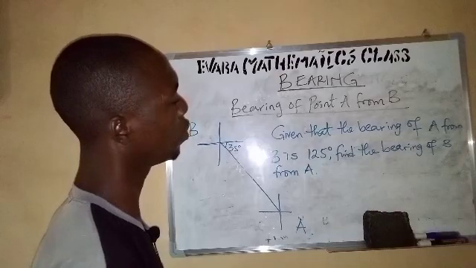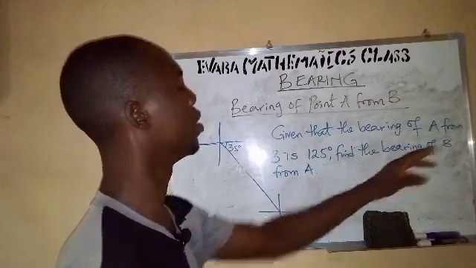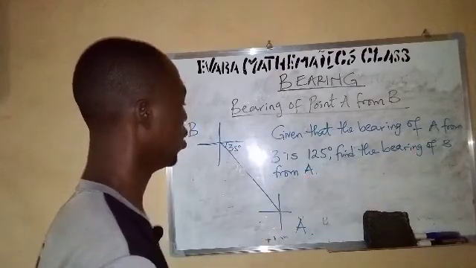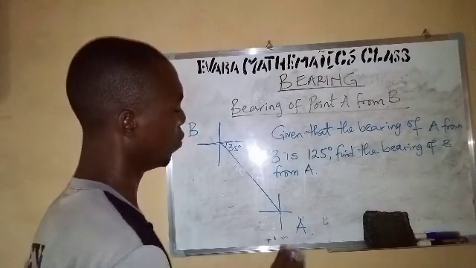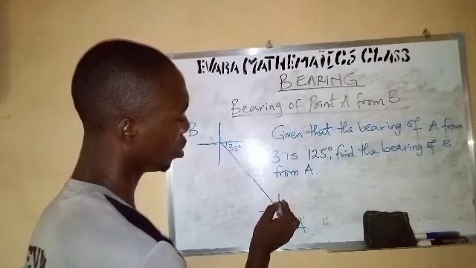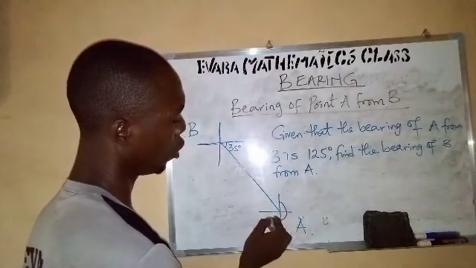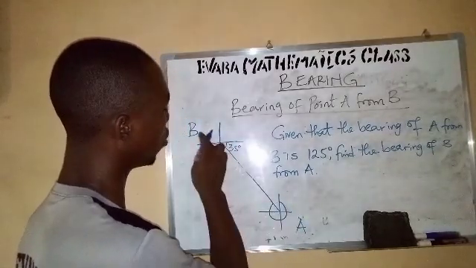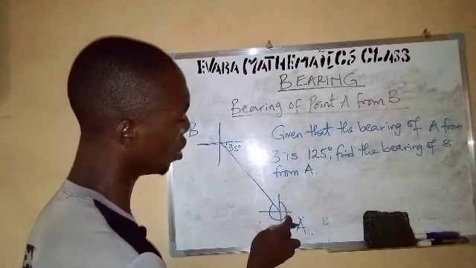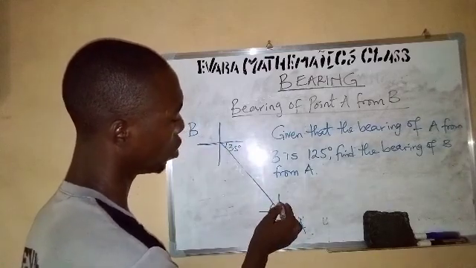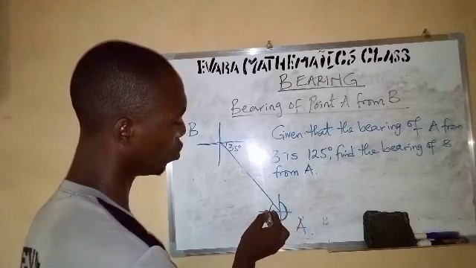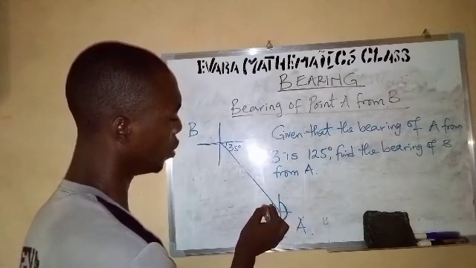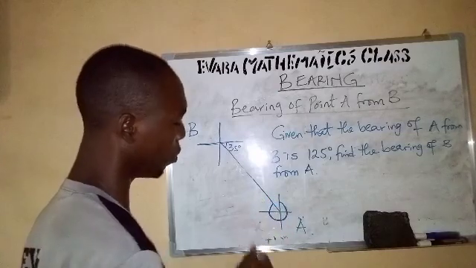The question is now asking us to find the bearing of B from A. The bearing of B from A is that angle from the north up to that line that connects B to A. From this point, 90, 180, 270, then we'll add it to whatever we have here.